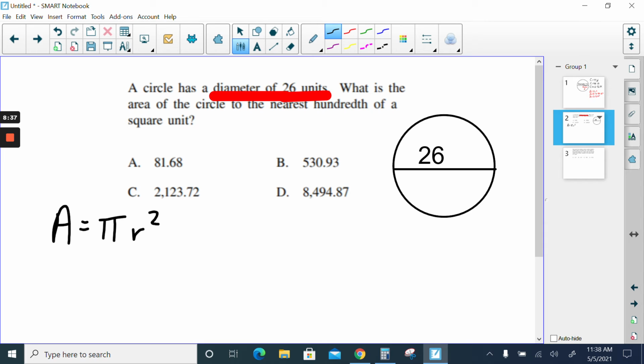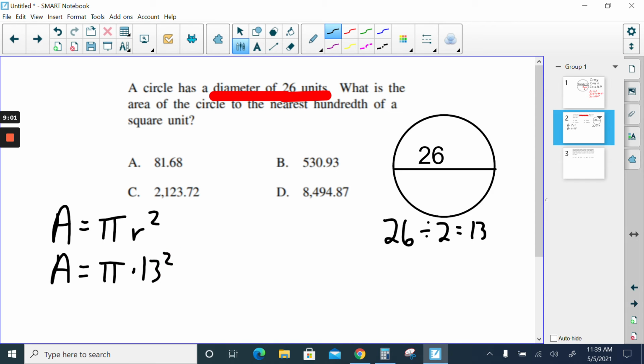So just a recap, to find the radius of the circle, we take our 26, divide by 2, and it gives us 13 units. So I'm going to use the number 13 as my radius in this problem.